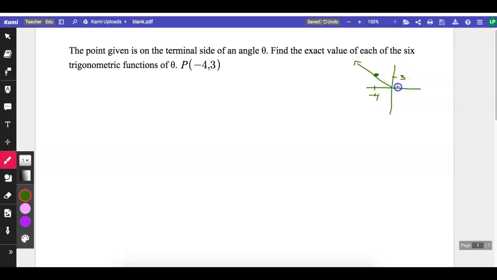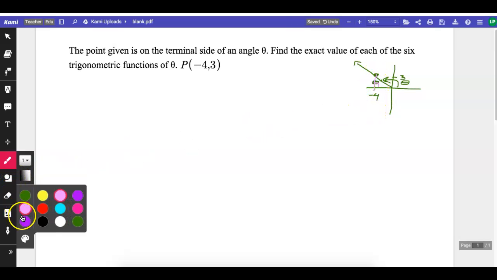So what we're looking at is that this angle right here would be our angle theta, and this little angle in the middle would be our theta prime. Using this point, we can find the 6 trig ratios for theta based on a right triangle. Our right triangle would go vertically down from that point to the x-axis.